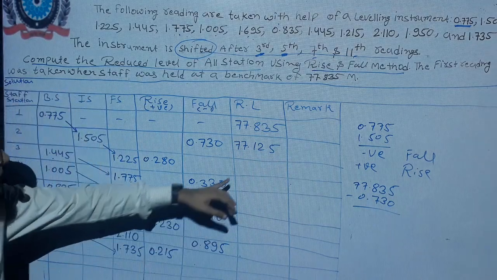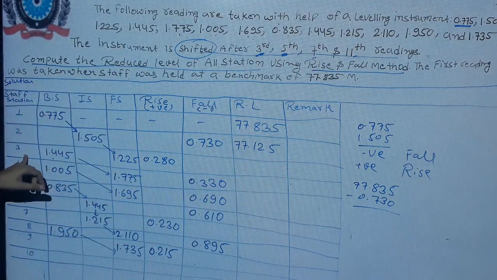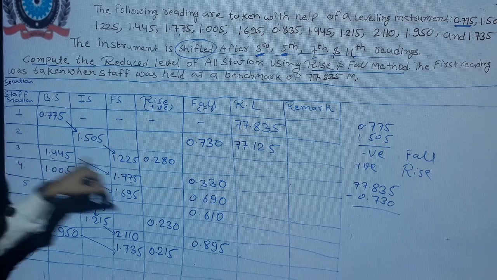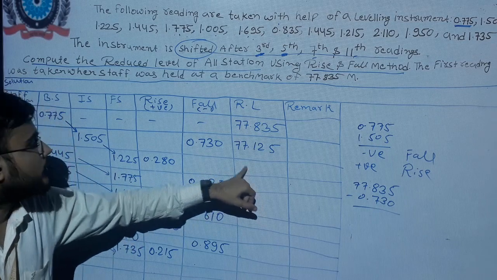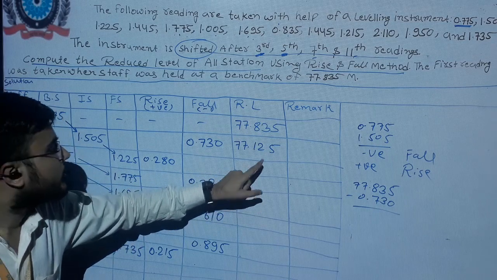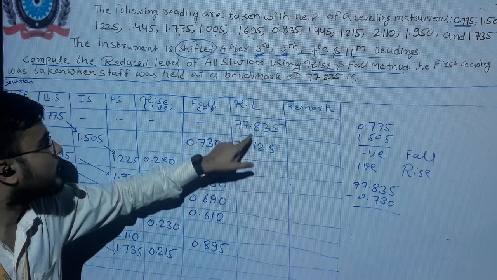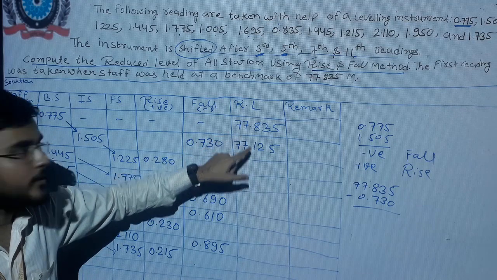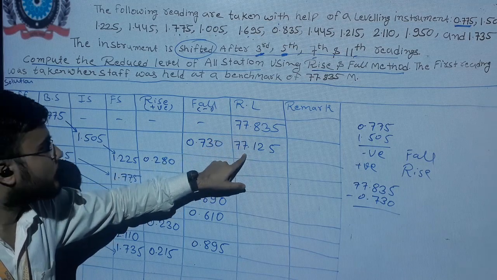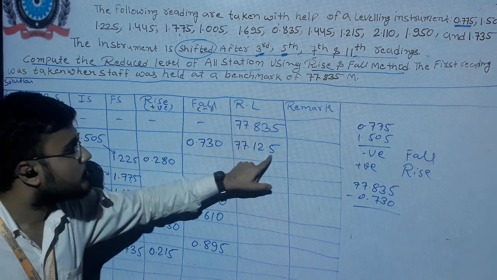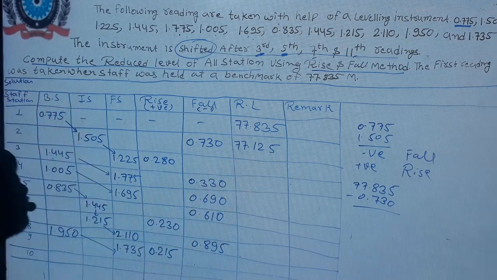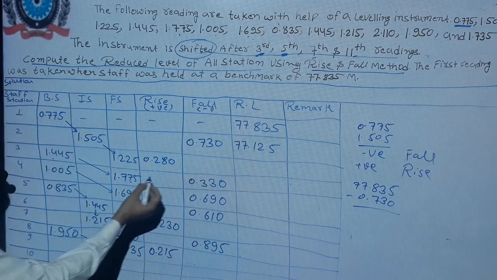Now for point number 3 or staff station 3, the RL is required. So now the reference RL is 77.125, not 77.835. The new RL will be considered. You have a new RL 77.125. So the next RL is here.